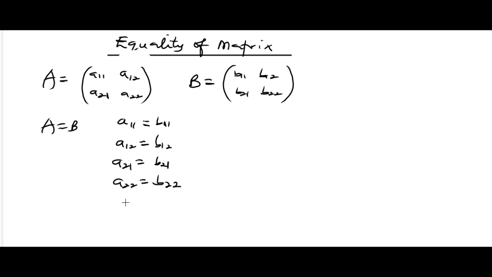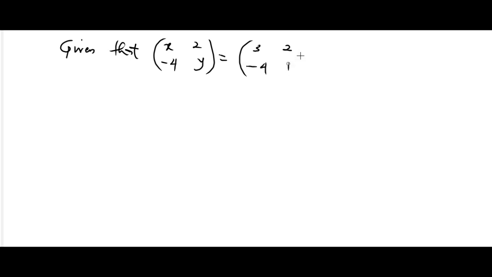So we are going to be applying this concept in solving problems. So look at this question, for instance. Given that the matrix x, 2, minus 4, y is equal to 3, 2, minus 4, 1, and we are told to find x and y.